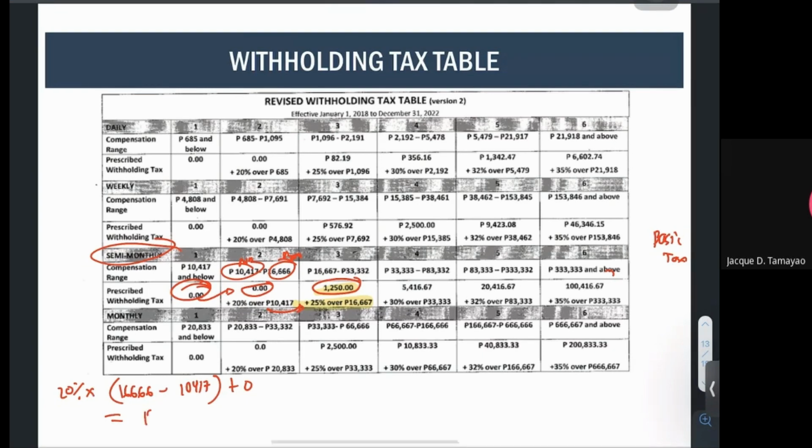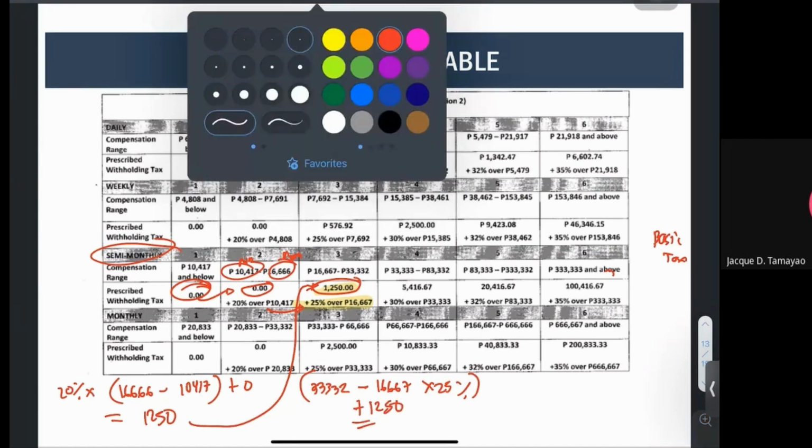You will get here 1,250. That's why we have here 1,250. Let's try here. The highest amount is 33,332 less 16,667 multiplied by the rate of 25% plus the basic tax of 1,250. Let's see how much.